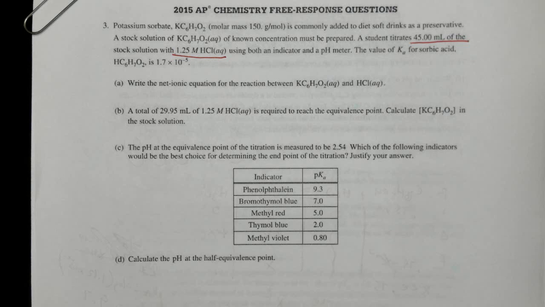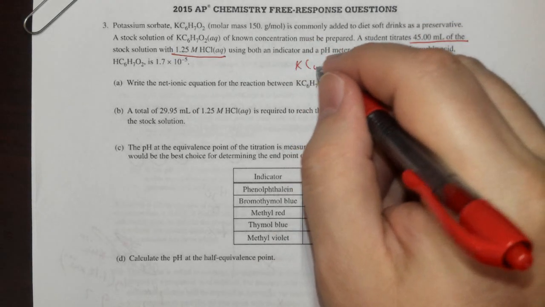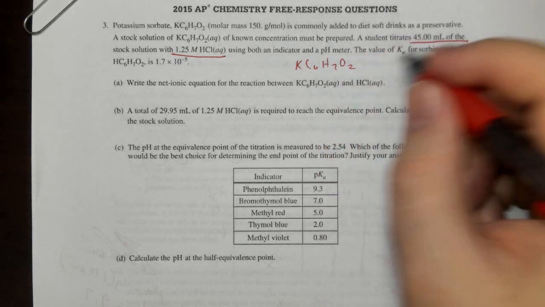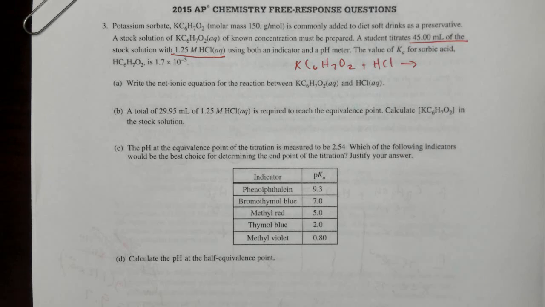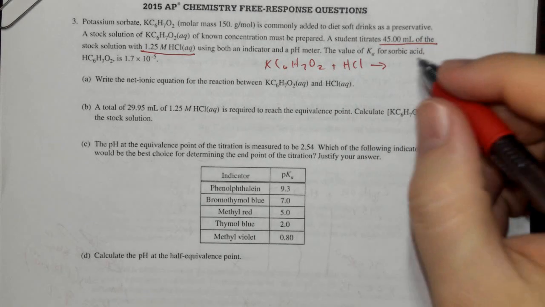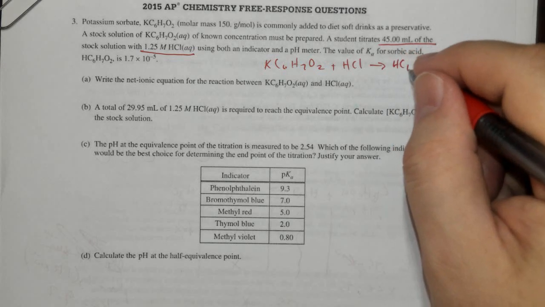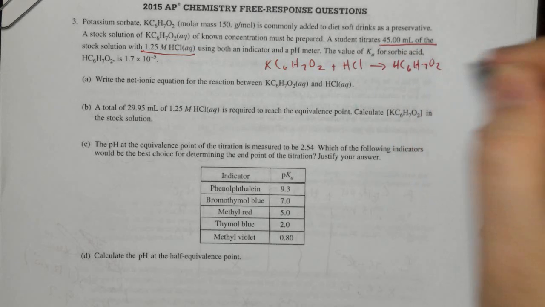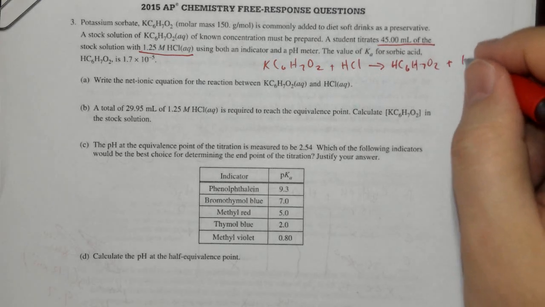Alright, so write the net ionic equation. There are different ways to attack that. I prefer to just write the full equation out, and then I'll go back and do the net ionic. Some people like to just take away spectators first. If we do our double replacement there, we get HC6H7O2, that's sorbic acid, and then KCl.